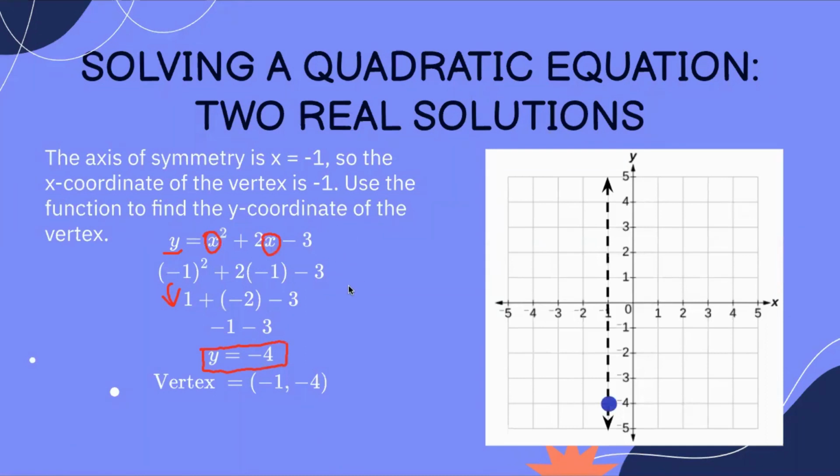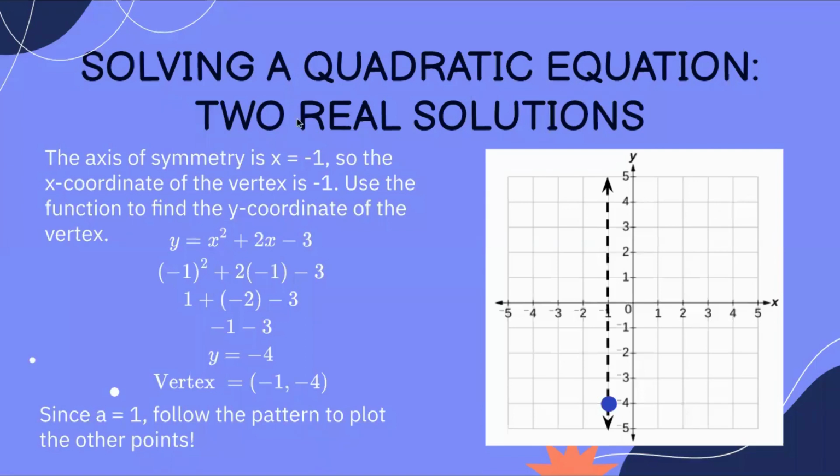Now taking into account the tip that I shared at the beginning of the lesson, we see here that our a value is still 1. So you can actually just follow the same pattern that we learned in the previous slide to graph the rest of your points. Following that pattern, remember that if you go 1 unit left from the vertex, you would just go 1 unit up.